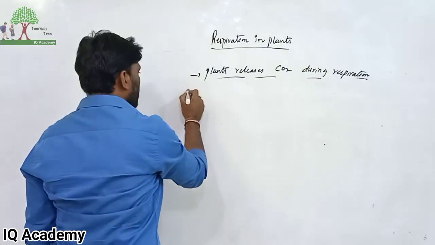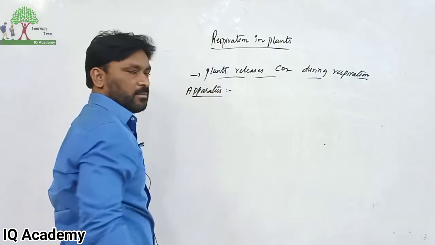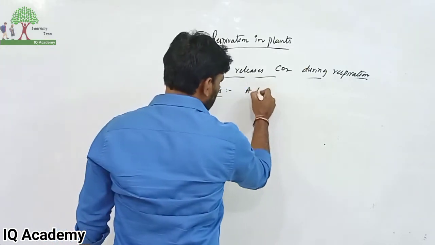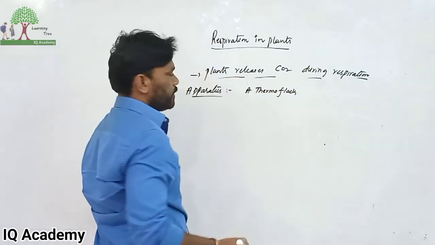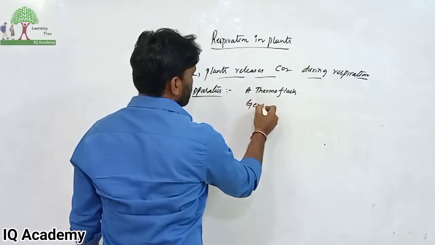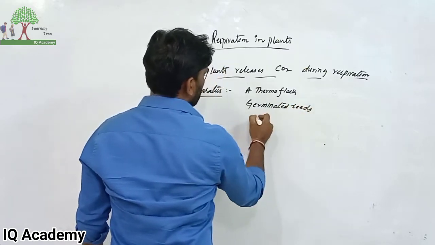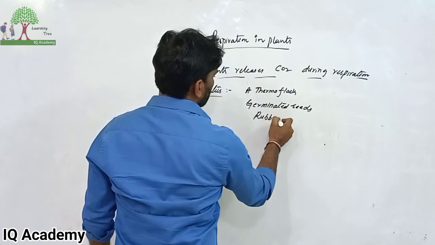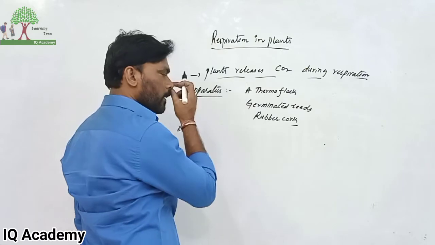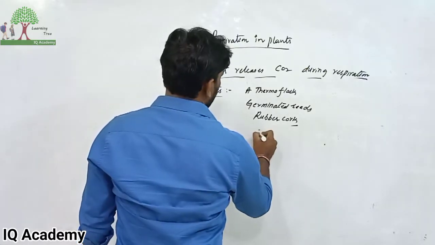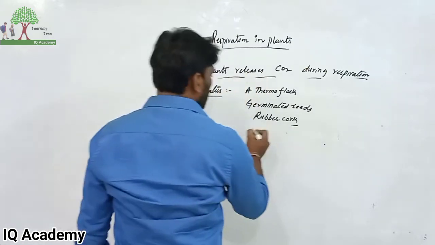What are the apparatus needed, meaning the materials needed to conduct this experiment? A thermoflask, germinated seeds, a rubber cork, a test tube, or if not, a small bottle.